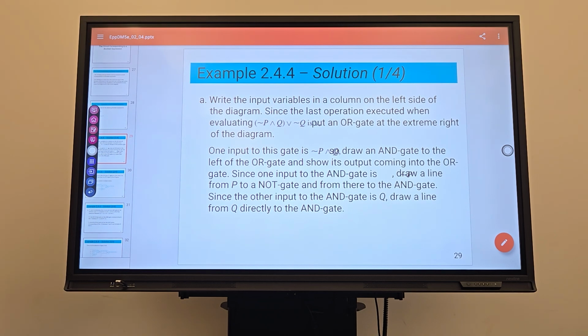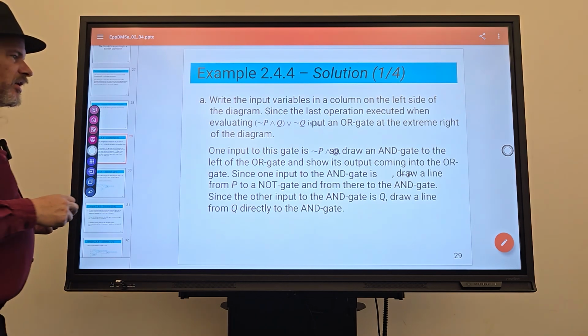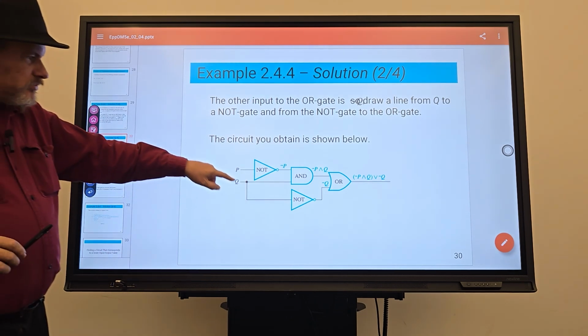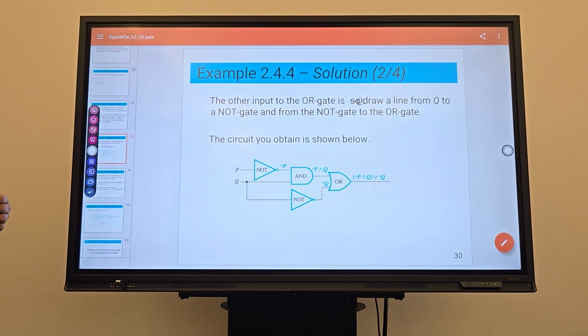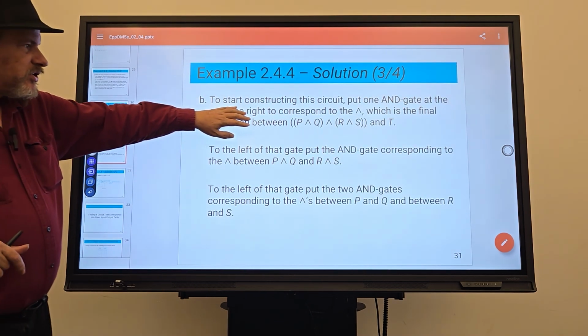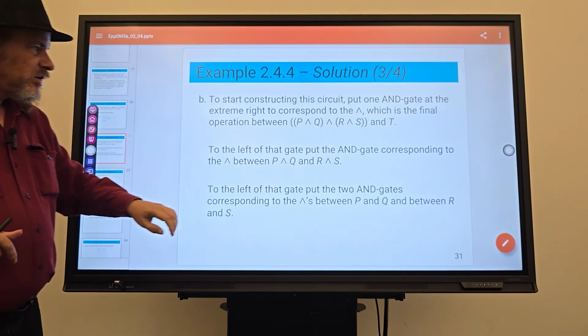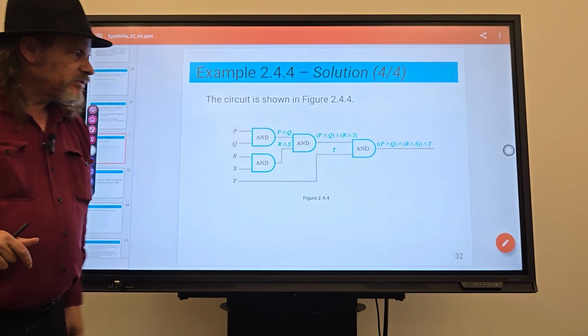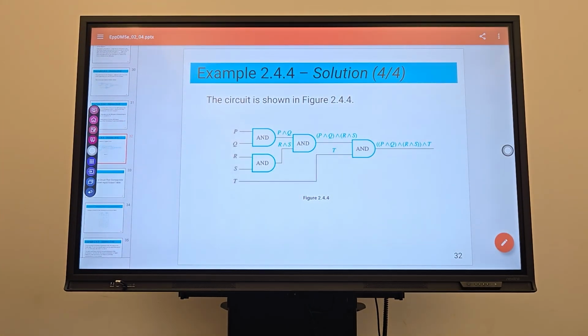One input in this gate is the not P and Q. So the AND with the inverted input of P, and so on, as I went through and showed here. And the P, Q and R and S and T are just AND gates feeding into one another down the line, which effectively makes a 5-input AND gate.